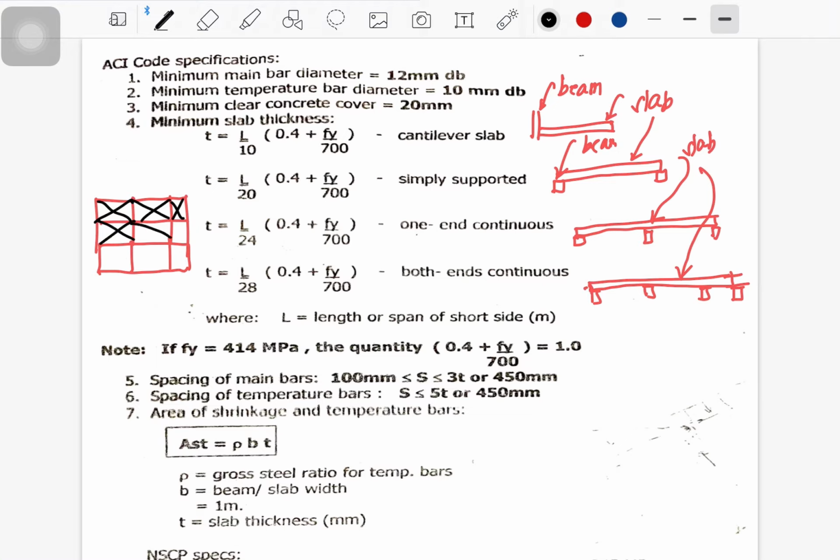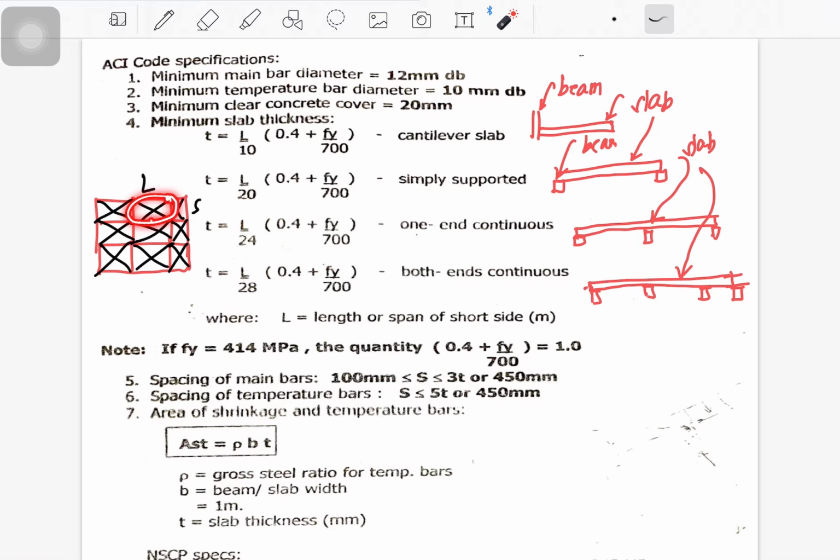So maybe some of you already know how to draw framing plans. For example, this is the slab considered, and this is the short side and the long side. For this slab, this is for one way slab.